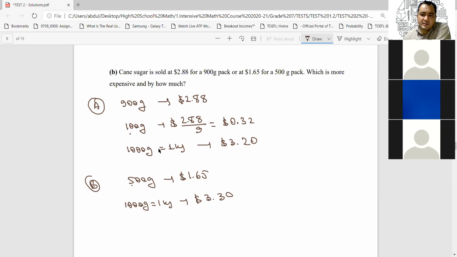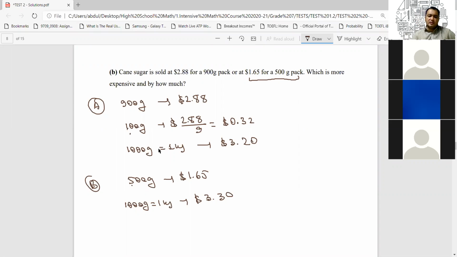So which one is more expensive? This pack, right? It is more expensive. By how much? By 10 cents per kg. Okay, the second pack is more expensive by 10 cents per kg.